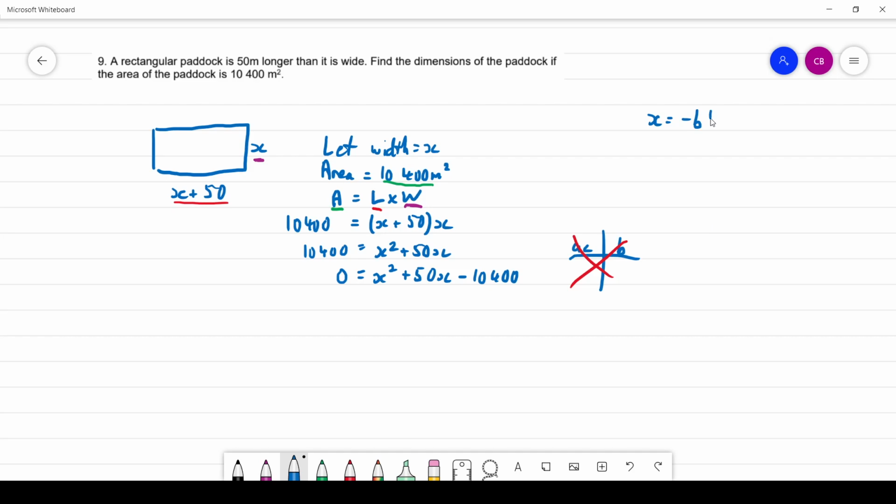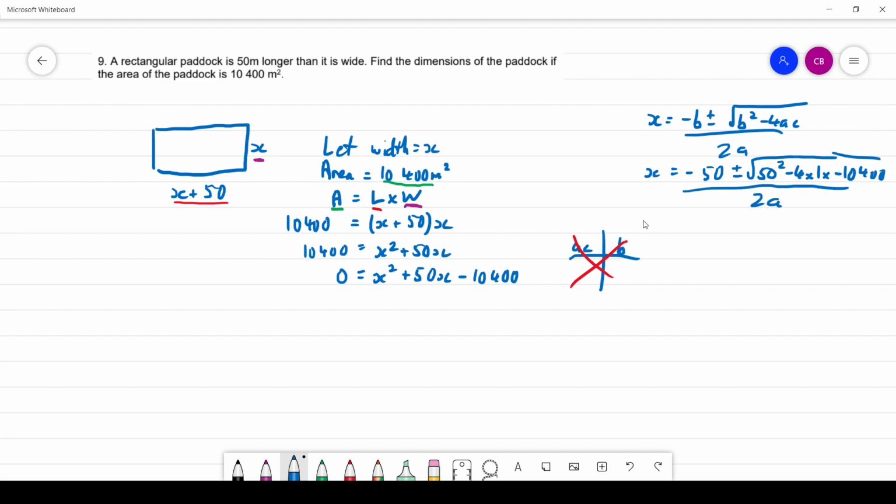X equals negative b plus or minus the square root of b squared minus 4ac all over 2a. And we can just sub in these values. Negative 50 plus or minus the square root of 50 squared minus 4 times 1 times negative 10,400, all over 2a, and we can quickly work this out.